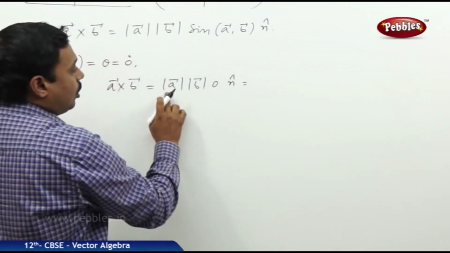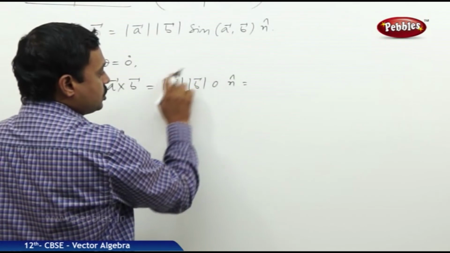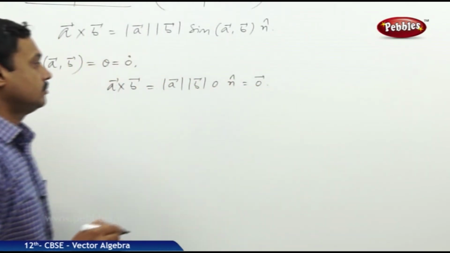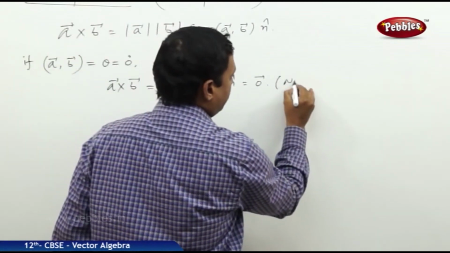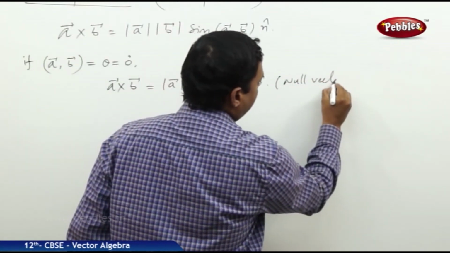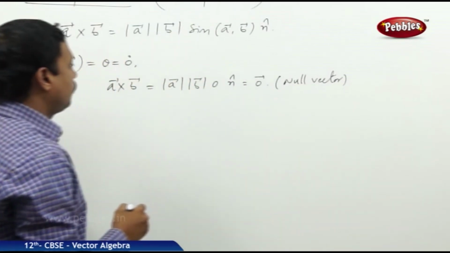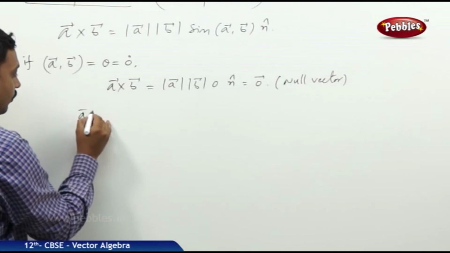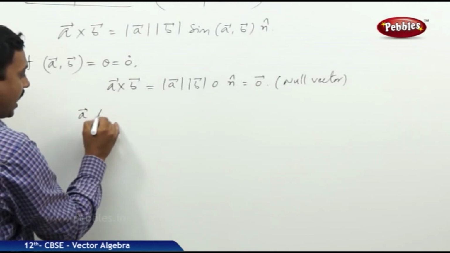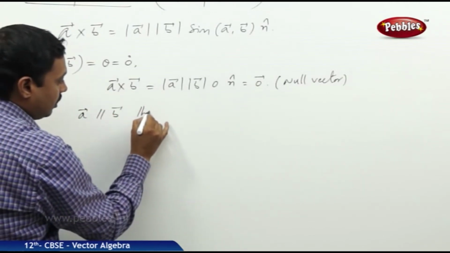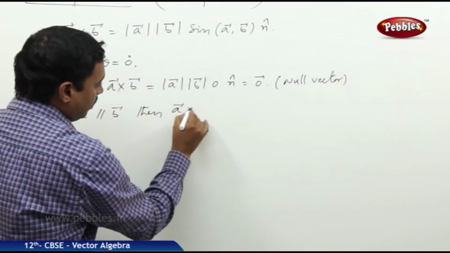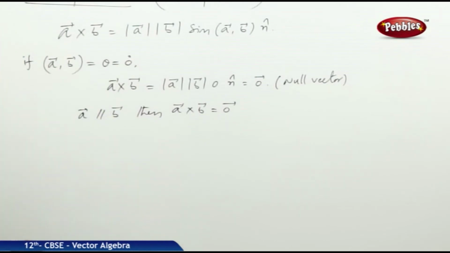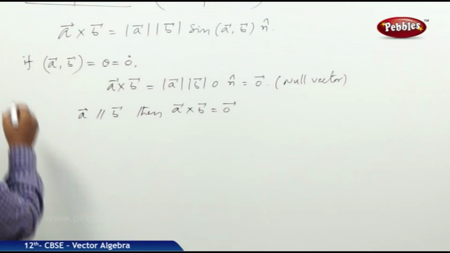Now mod A into mod B into 0 is equal to 0, and 0 into n cap is equal to 0 bar. It is a null vector. Hence we can conclude that if A bar is parallel to B bar, then A bar cross B bar is equal to 0 bar. That is one of the most important conditions.